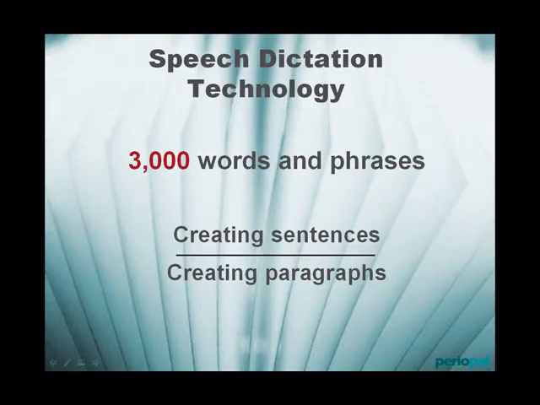Most speech-activated periodontal charting systems use speech dictation technology to control the verbal input of the exam. The big drawback of using a speech dictation system is that each word must be compared to thousands of words in a large vocabulary before it can be recognized.